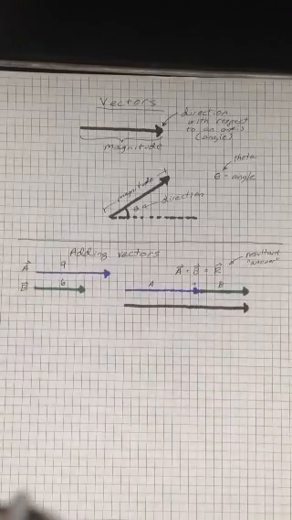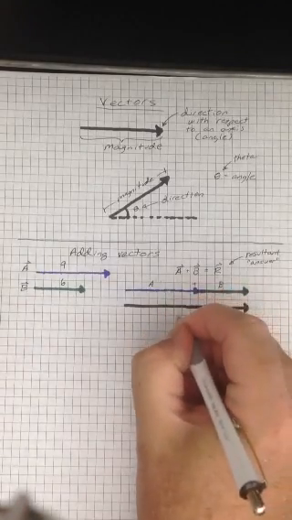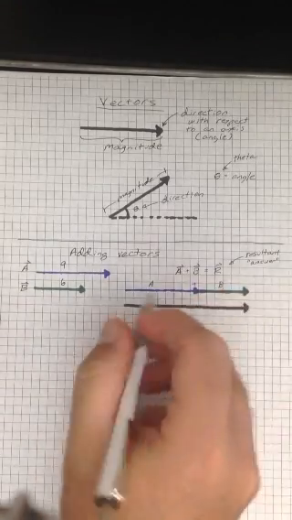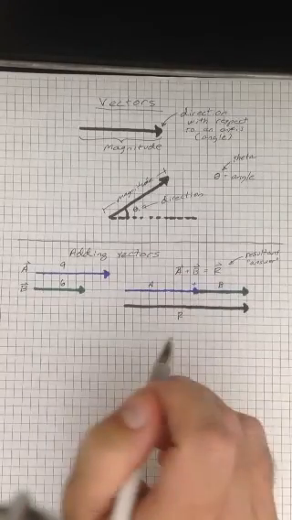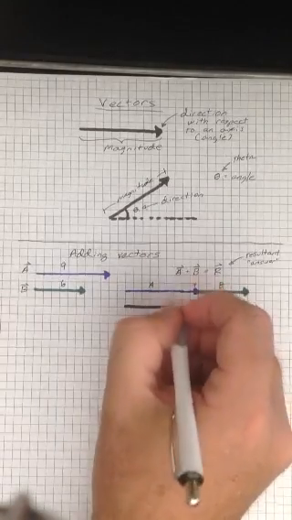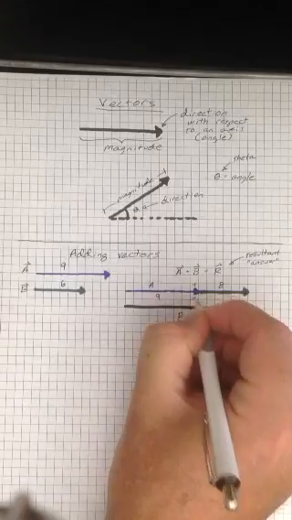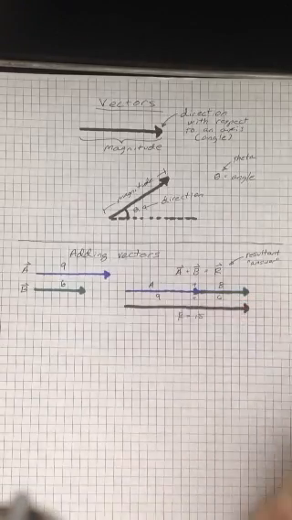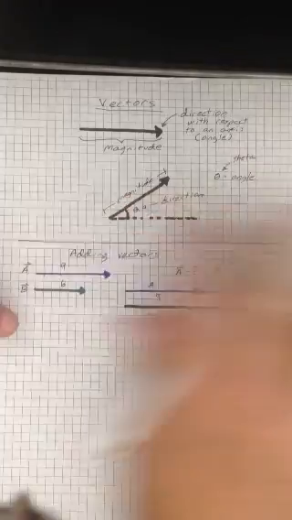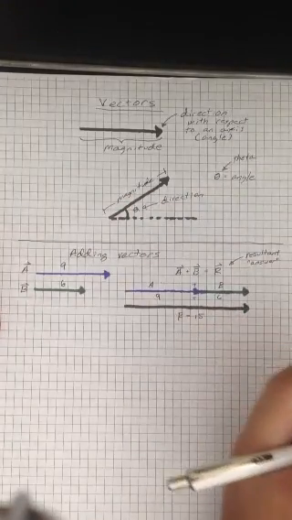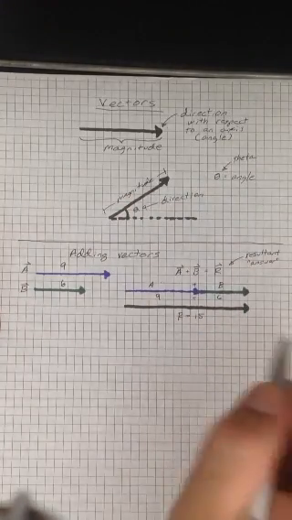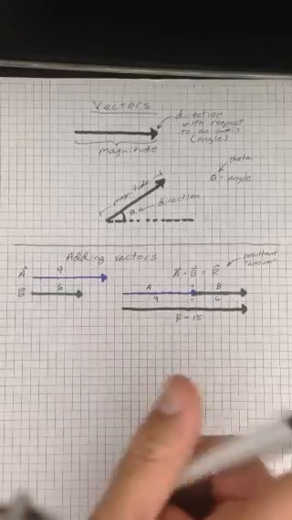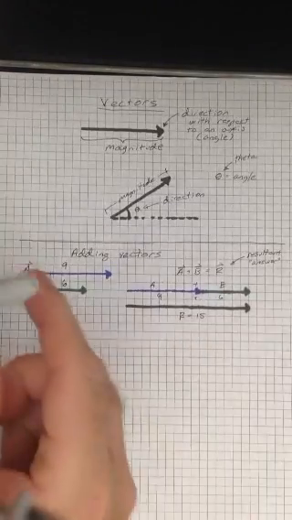This is A plus B, which we call R. With these numbers, this is just like a number line, and it's very simple. This was 9 plus 6, which means that R is equal to 15, traveling off to our right. Very simple. But what happens if we change it a little bit?